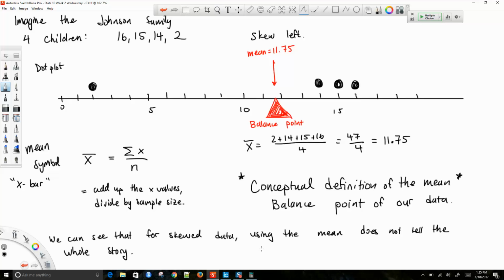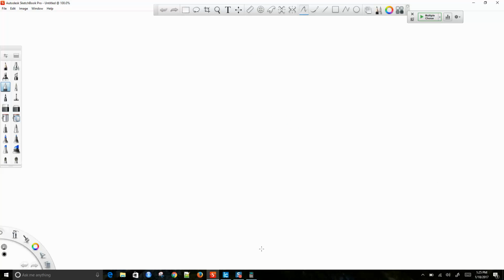If, on the other hand, there was another family, let's say the Smith family, and they had 4 kids, and their ages were 13, 14, 15, and 16.